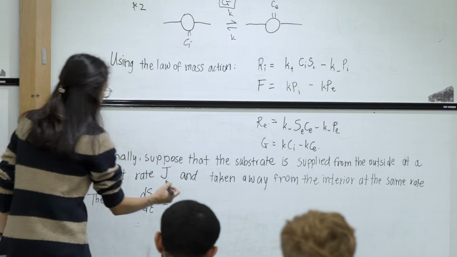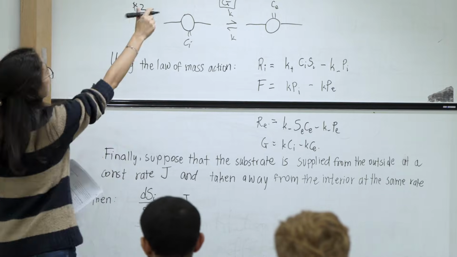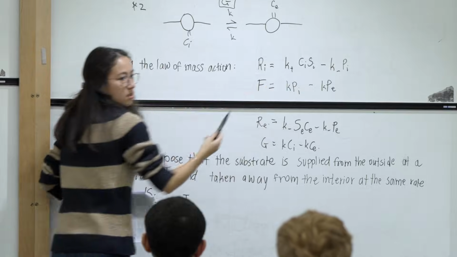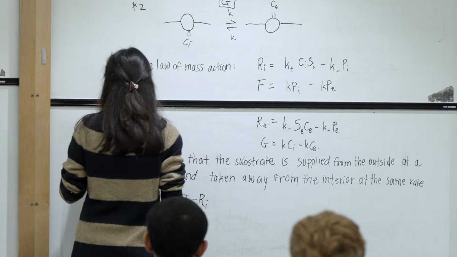It's reducing the amount of substrate in the interior. And now you also see that reaction Ri is decreasing it, so should I include minus Ri or plus Ri for dS? What do you think? Minus, exactly, right? Because when it's reacting with the Ci, it's decreasing its size. Yeah, very nice. So it's minus Ri.